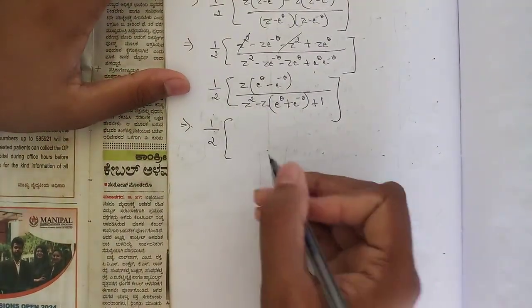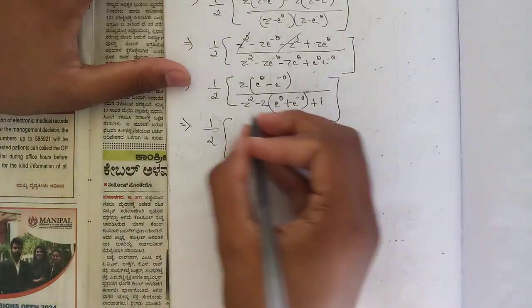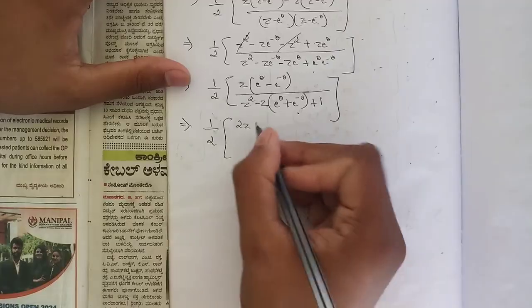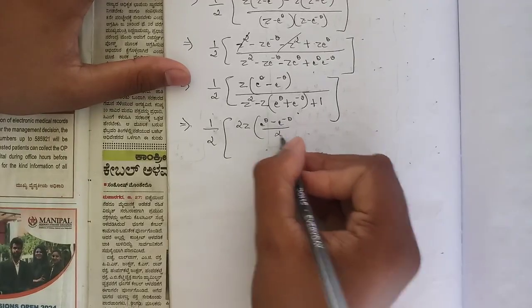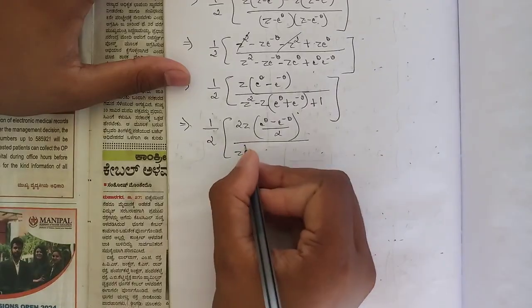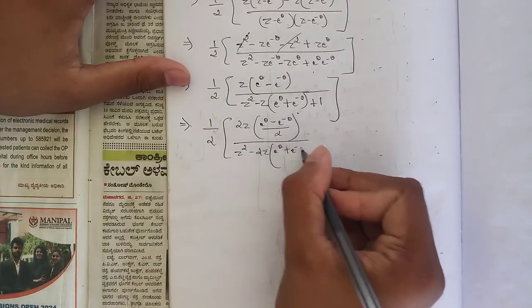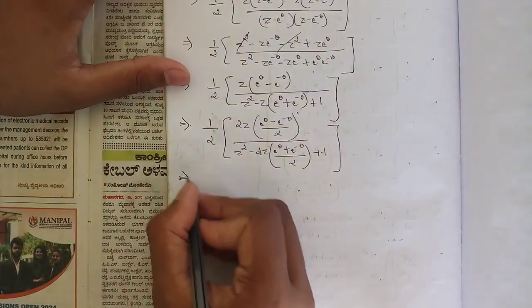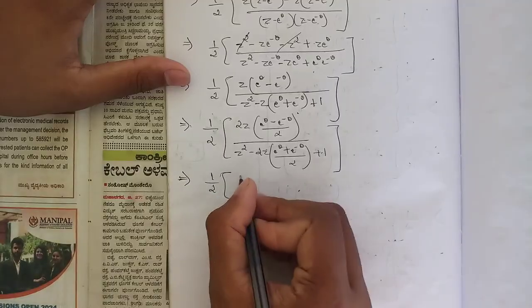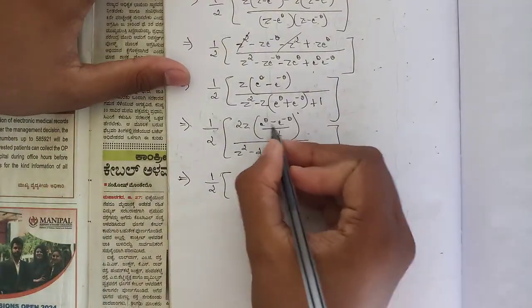So now again we need to multiply and divide by 2 for both cases in order to get a hyperbolic function. e power theta minus e power minus theta divided by 2, z square minus 2z into e power theta plus e power minus theta divided by 2 plus 1. So this corresponds to a sin hyperbolic function, since there is a minus.